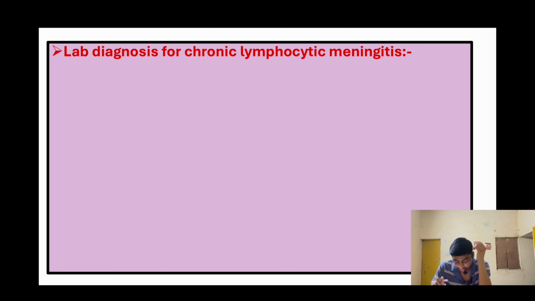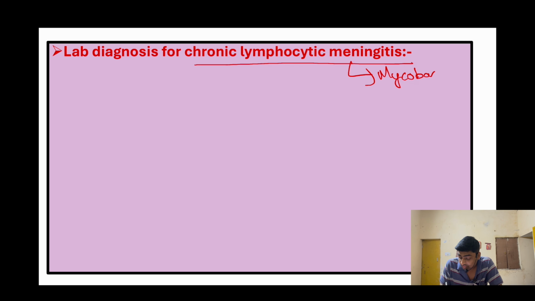So now we will discuss the lab diagnosis of chronic lymphocytic meningitis. Now, what are the causative agents? As we have learned earlier, the most common causative agent of chronic lymphocytic meningitis is the mycobacteria, which is Mycobacterium tuberculosis.